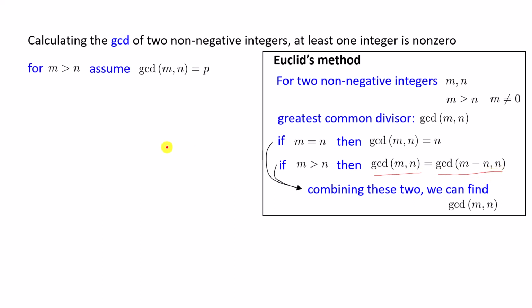So first we ask the question: why this step, that GCD of m and n is equal to GCD of m minus n and n? So let us say that for m greater than n, this GCD of m and n is p. That means m is equal to a into p and n is equal to b into p, where a and b must be integers and there cannot be a common part of a and b, which means that GCD of a and b should be equal to 1.